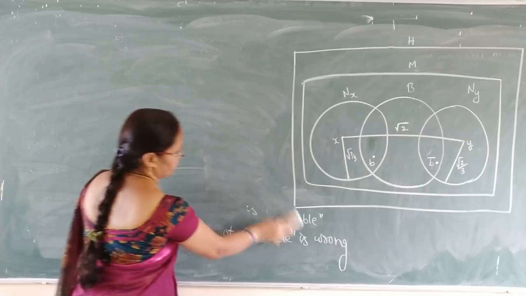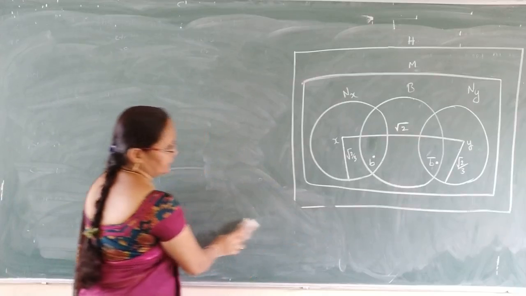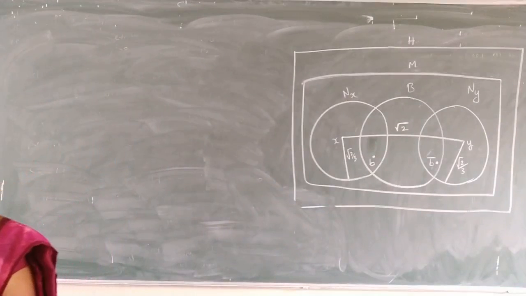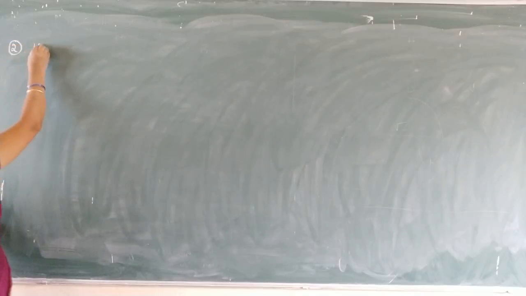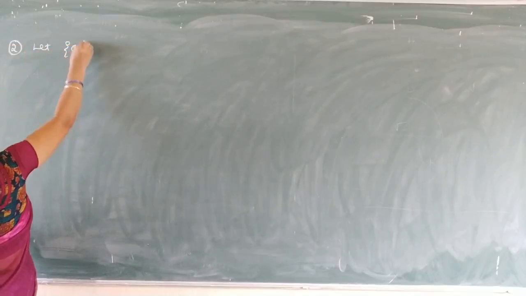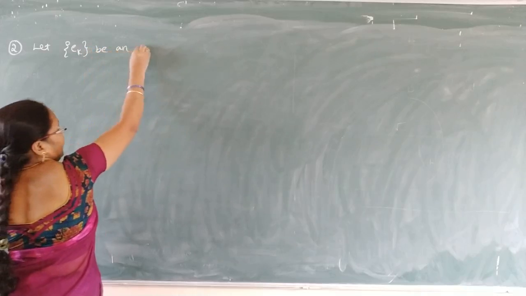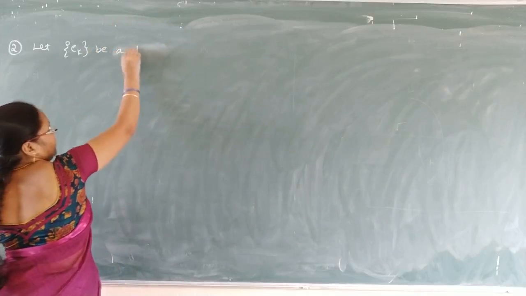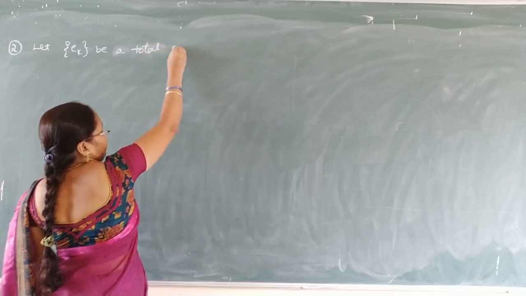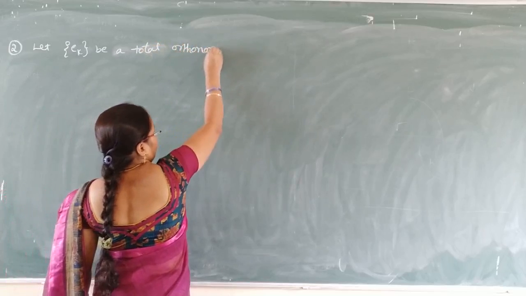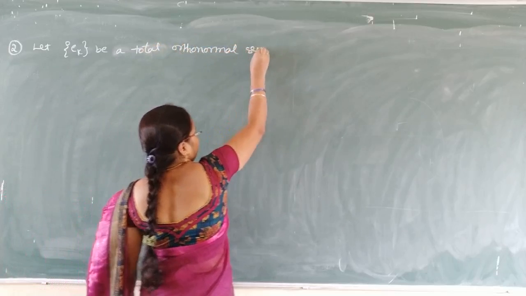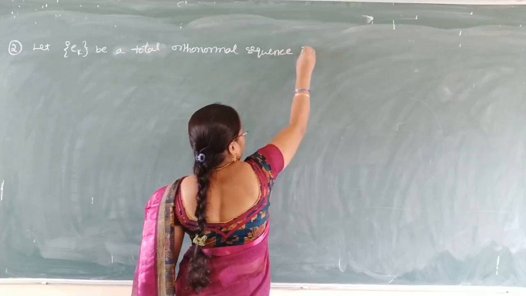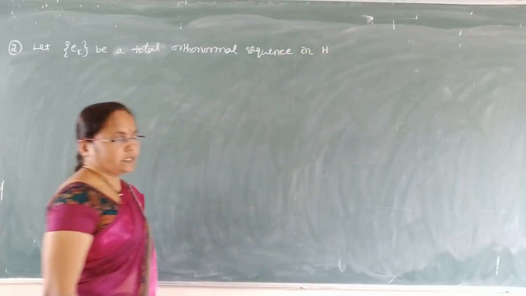Using the two conditions, we have to show that this H is separable. So we are taking an orthonormal set. Let (ek) be a total orthonormal sequence in H. So this is the supposition.